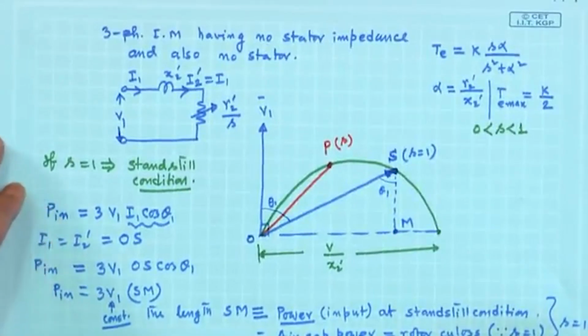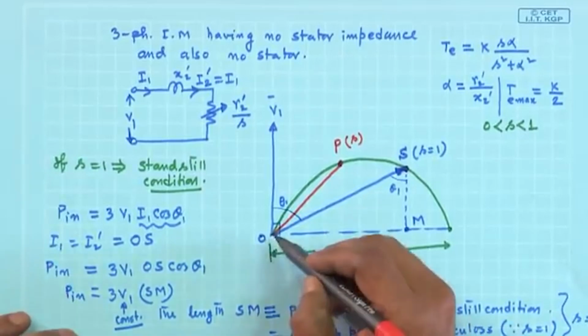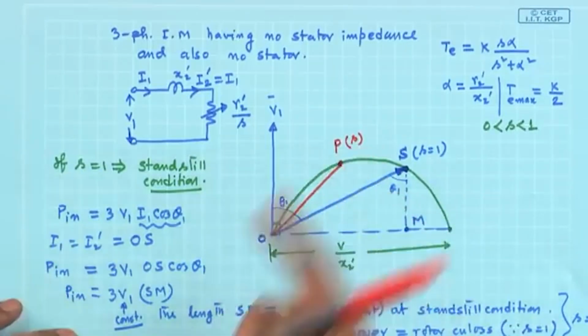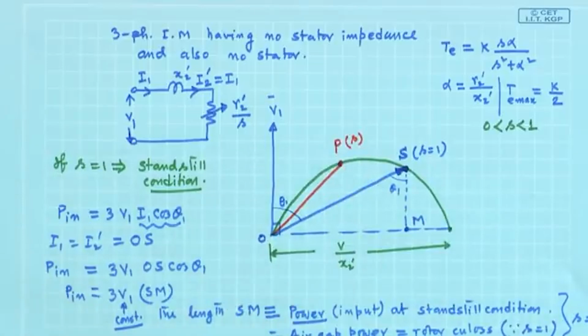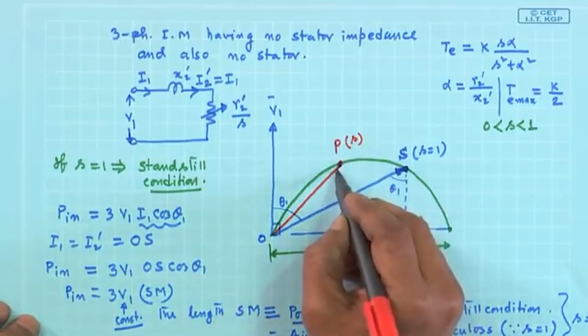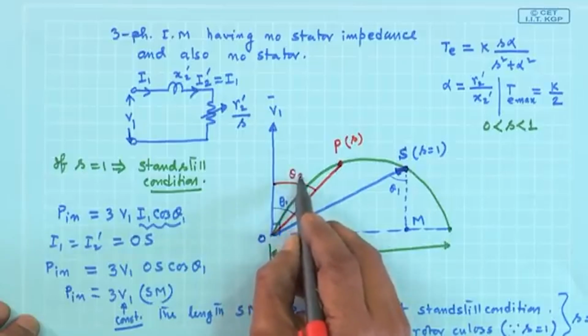At that point, what is happening? How much current is drawn from the supply? With red color I will write this, all these things associated with the general operating point P. Suppose this angle is theta 2.